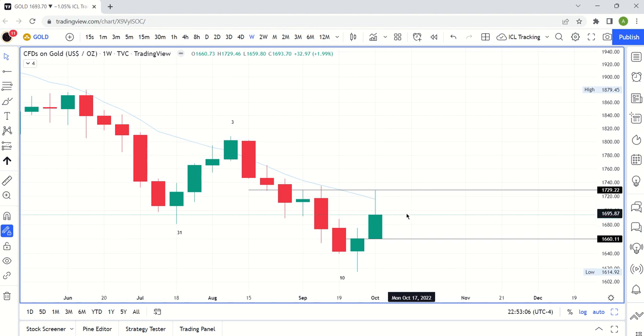That means it's really not doing a whole lot, because it's not making a new high, not making a new low. And these are your levels, right? That's obviously a really wide range, 1660 essentially to 1729, the range for this whole weekly candle that we just had.